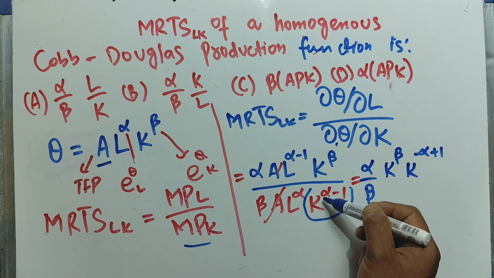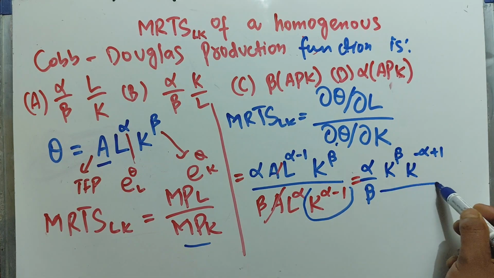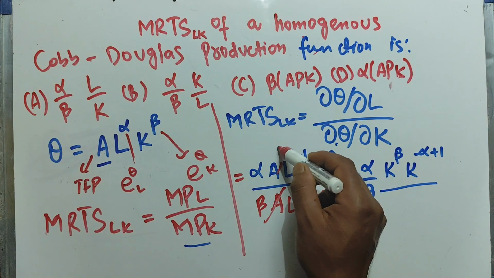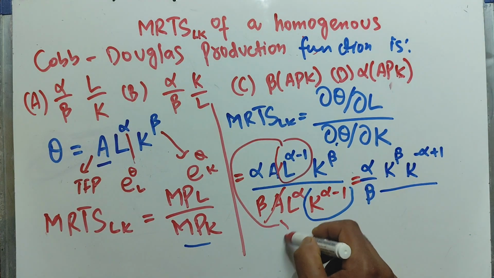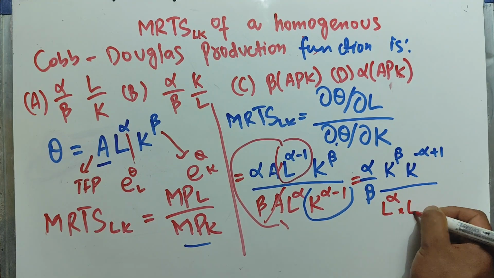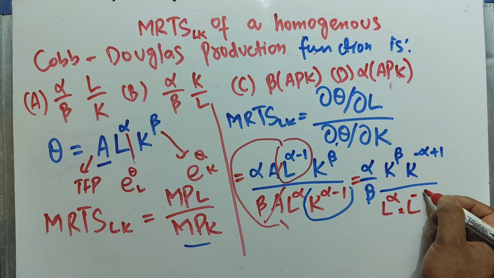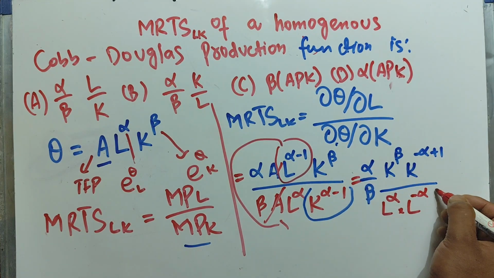If it is plus beta, it becomes minus beta. If it is minus 1, it becomes plus 1. Similarly, when I transpose this term to the denominator, it gets multiplied with L to the power alpha, but the exponent will change. So we have alpha, it becomes minus alpha. Here we have minus 1, it becomes plus 1.